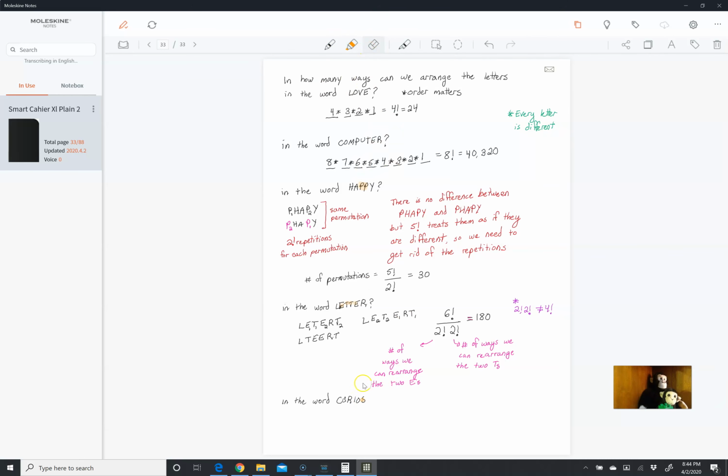It doesn't have enough variation. Let's do it in the word dependent.